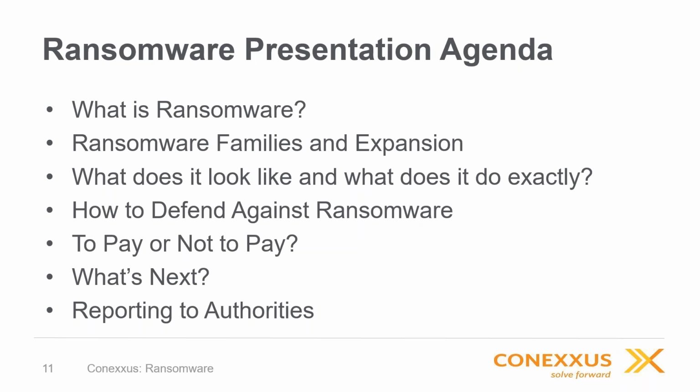Then we're going to talk about how to defend against ransomware, what layers of defense you need to stop ransomware attacks on your systems in the first place, whether to pay or not to pay, and some of the deciding criteria as far as what you'll need to consider in making that decision, what's coming next, and then also some reference to reporting ransomware to authorities so that it can be better tracked and better fought.